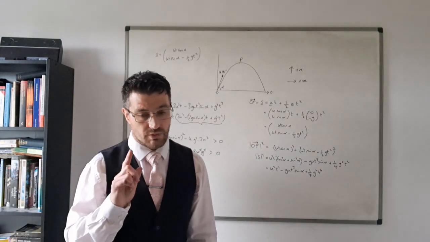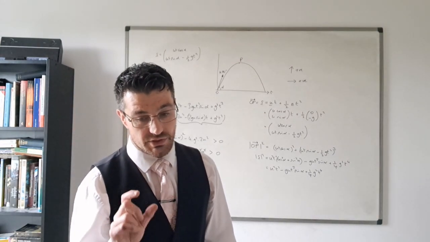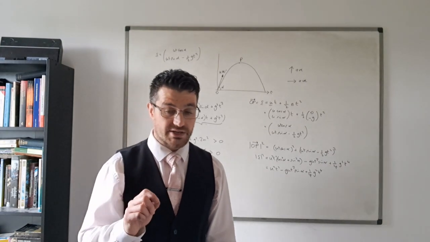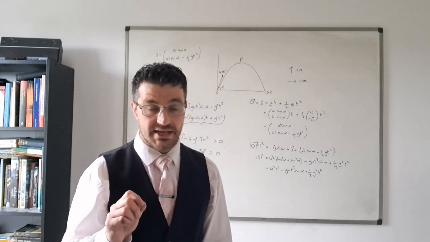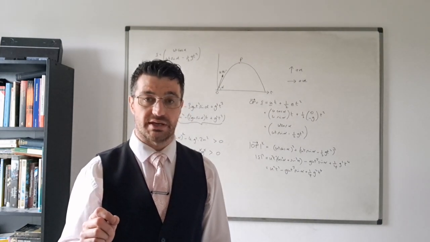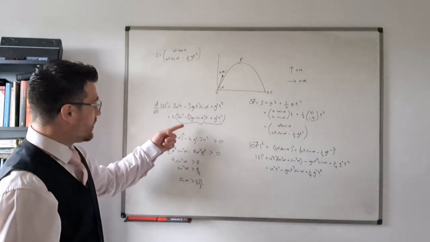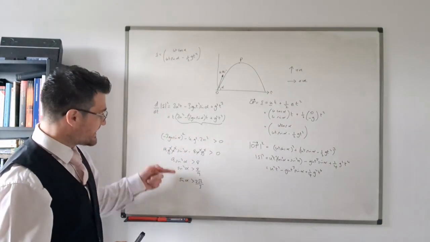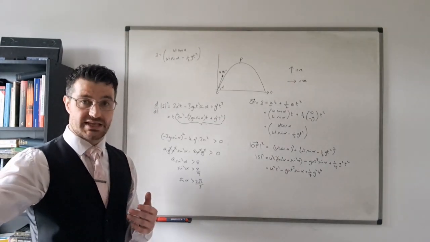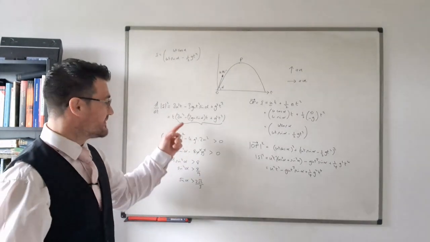But wait a minute, what were we asked to show? Show also that if sine alpha is greater than 2 root 2 over 3, then OP will be decreasing at some time before the particle lands. So what if the values of t for which this is negative are effectively after the particle has landed? In other words, when the model is not actually valid anymore.